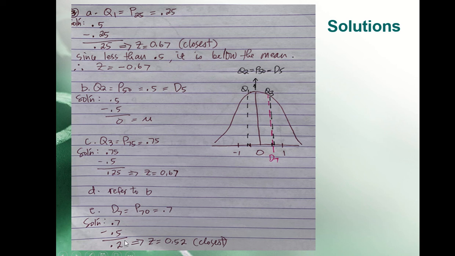Greater than 0.5, so we obtain the difference is equal to 0.2, and we look for this area in the z distribution table, and the closest is at 0.52. Is it correct that 0.52 is positive? Here, D sub 7. It is positive because 0.7 is greater than 0.5.